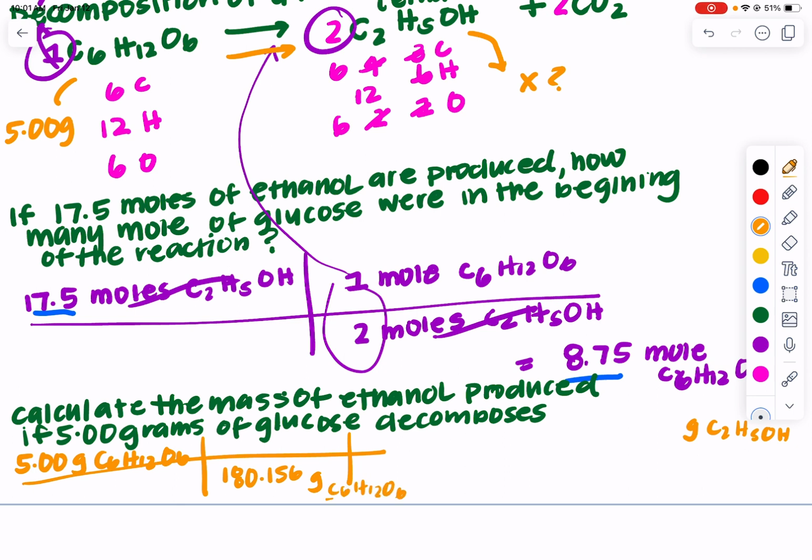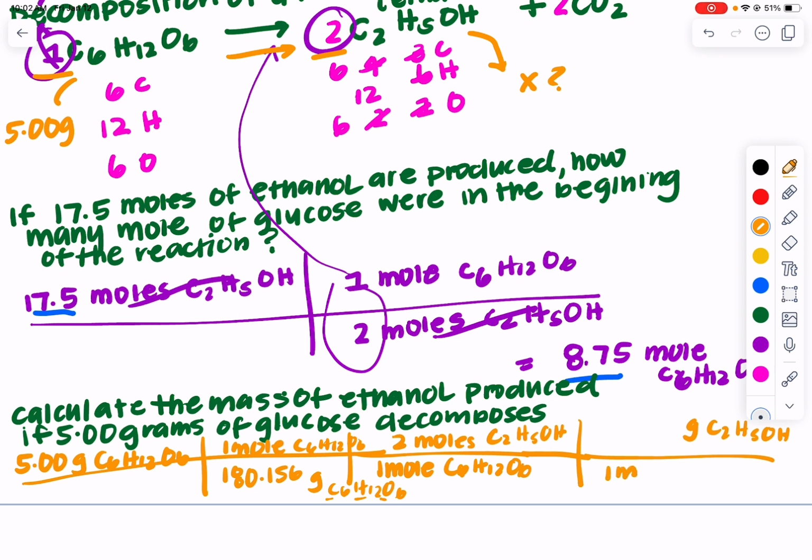You just add all these on the periodic table and you'll get 180.56. And that's gonna give us 1 mole of glucose. Now we know based on the balanced equation that for every 1 mole of glucose, we have 2 moles of C2H5OH.